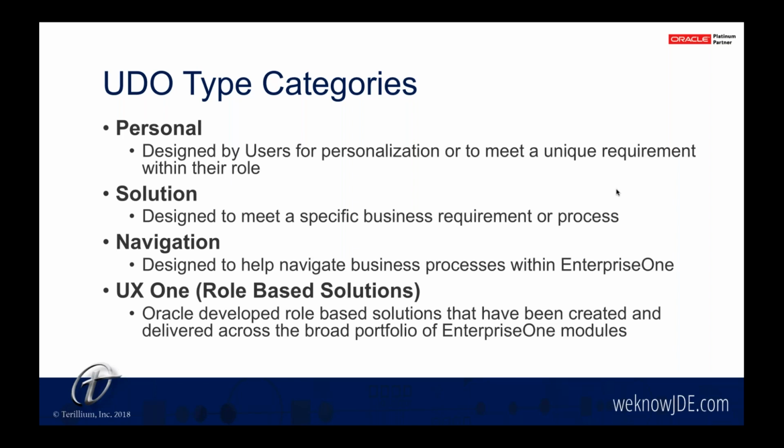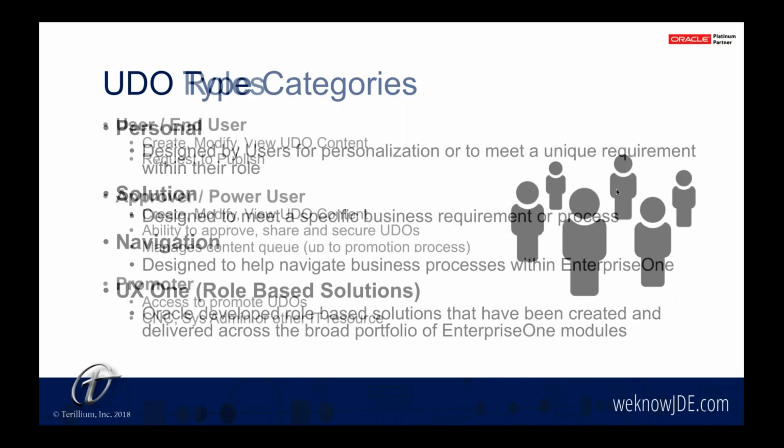The navigation is designed to help you navigate throughout Enterprise One, and that can include composed pages, workflow-based E1 pages, or the springboards. And then, of course, you have the delivered UX1 role-based solutions, and these are all available for download, and you can apply those to the system and actually just start putting people into these user-defined roles to see how they work within that role-based solution.